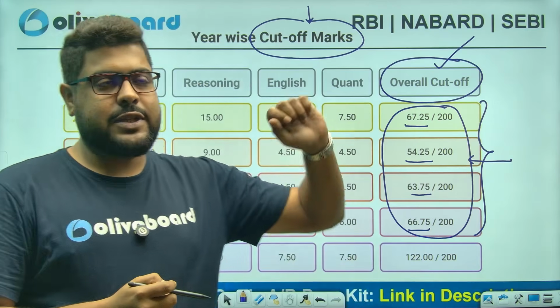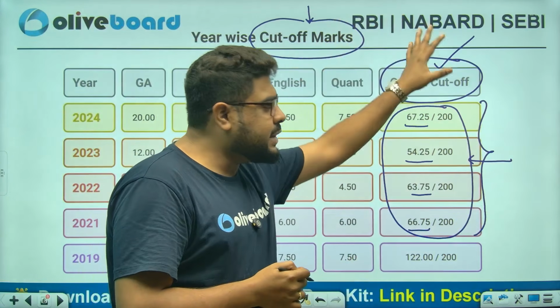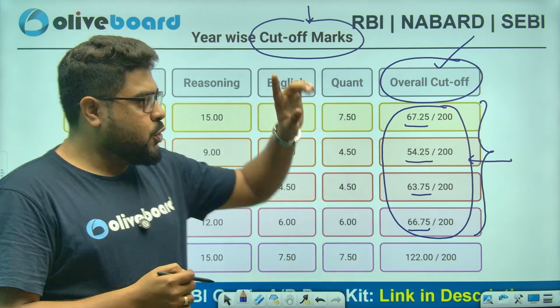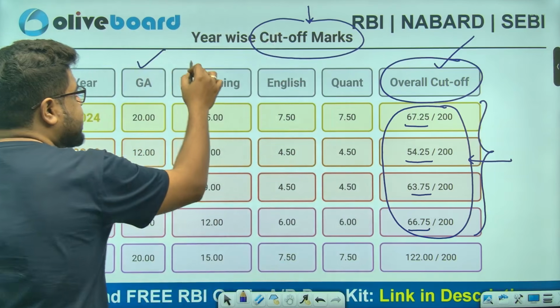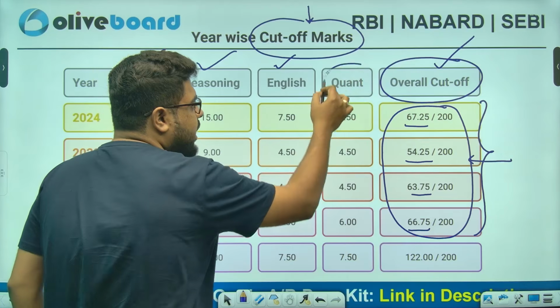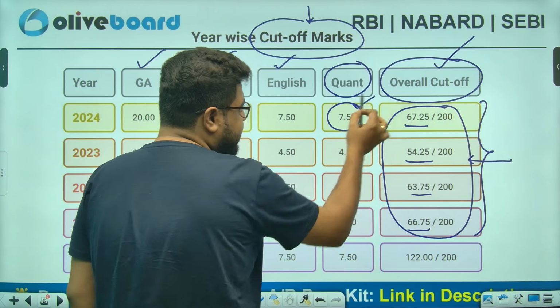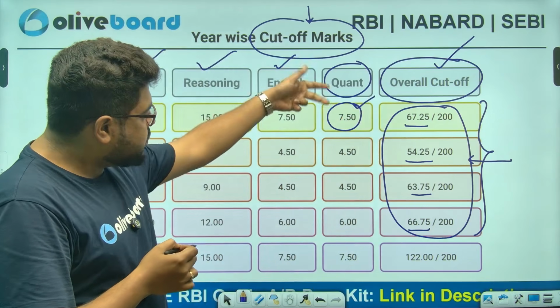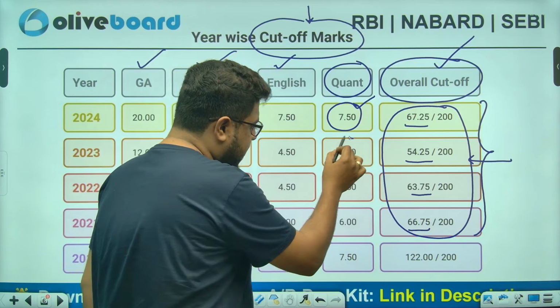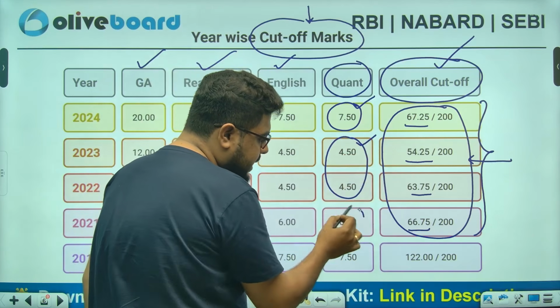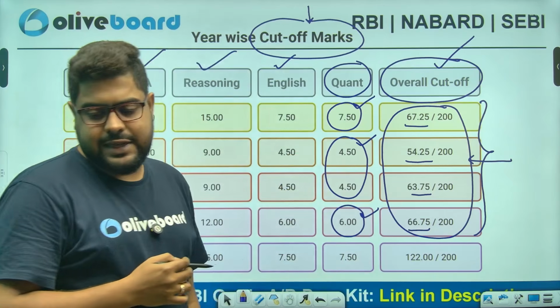Now, clearing only this cutoff is not enough. You have to clear all these sectional cutoffs. Talking about quant specifically, the cutoff last year was 7.5. Previous to that, it was 4.5 for the past 2 years, and before that it was 6.